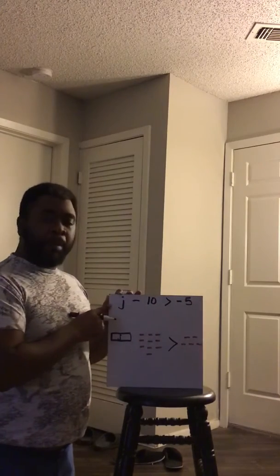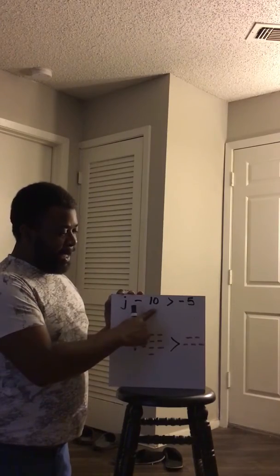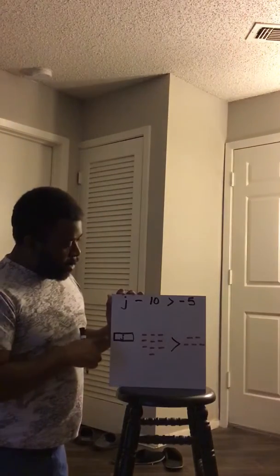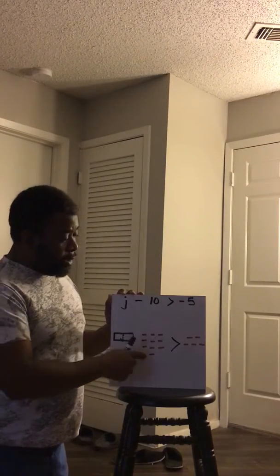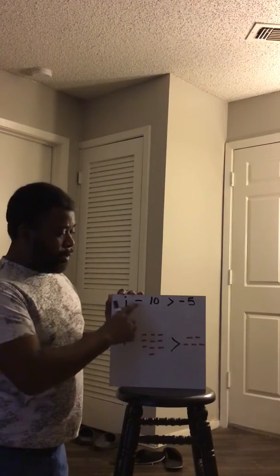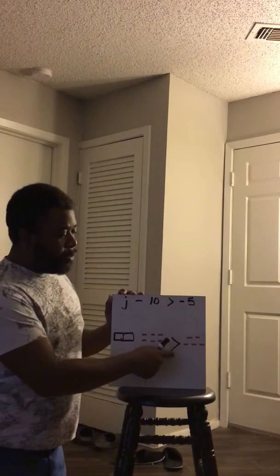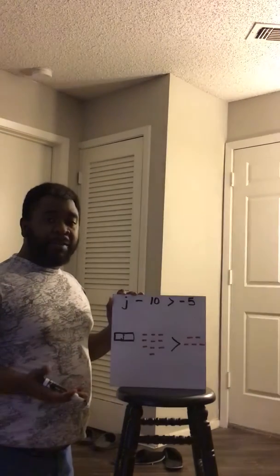I rewrote my problem: some number j minus 10 is greater than negative 5. If I were modeling this, j with 10 negatives, because subtracting 10, so minus 10, is negative 10, is greater than negative 5. We said we had to do the opposite of subtraction, which is adding. That's the inverse. And I have to get j by itself.